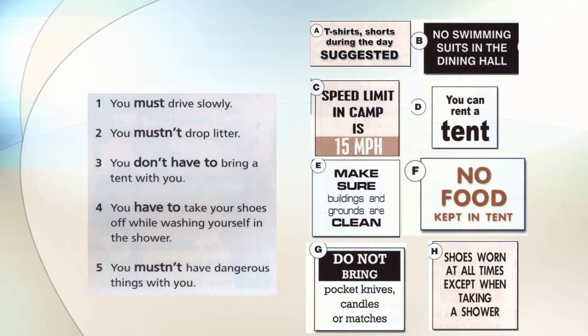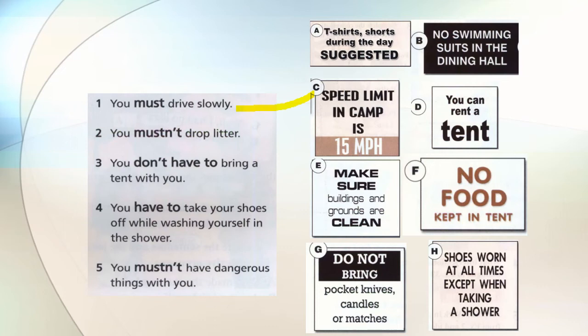The first sentence. You must drive slowly. What do you think? Which notice can we match with this sentence? You must drive slowly. Of course, it's C, right? Speed limit in camp is 15 mph.